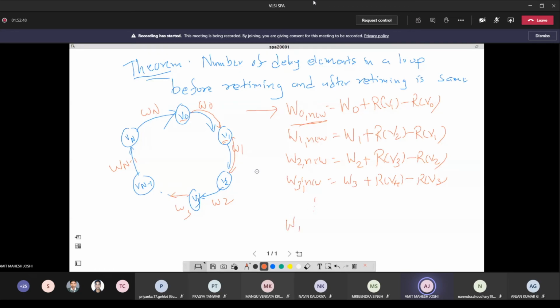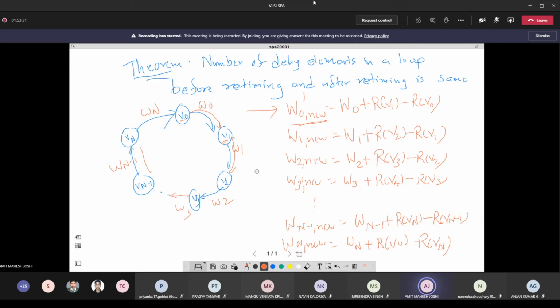In a similar way, W(n-1) new will be W(n-1) plus R of Vn minus R of V(n-1). And Wn new is equal to Wn plus R of V0 minus R of Vn. Am I right?